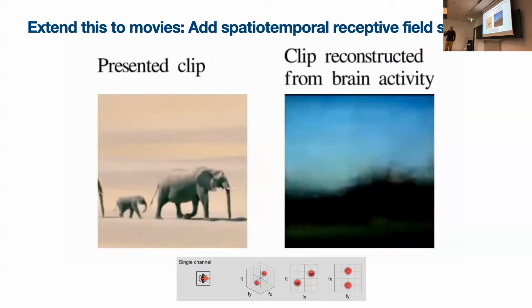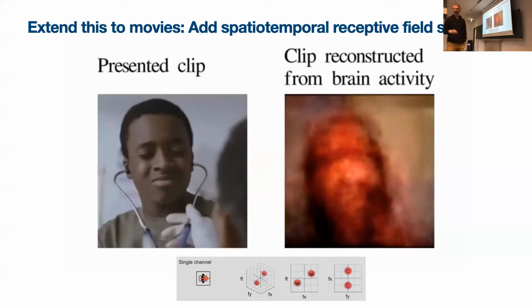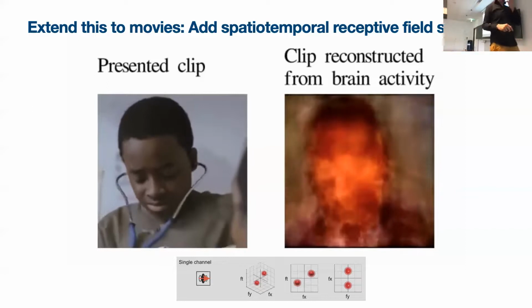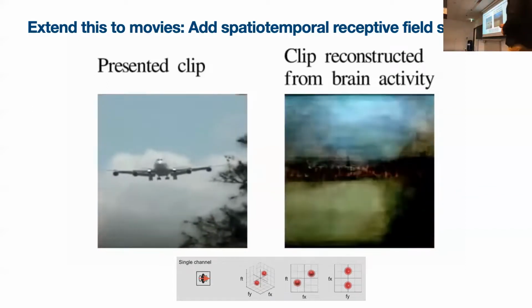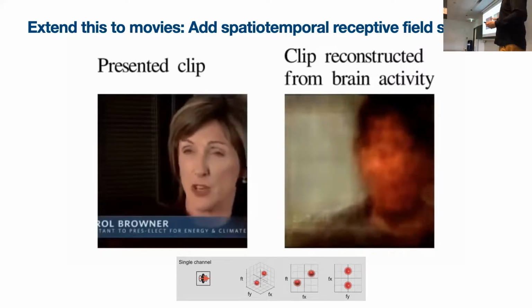Again, the detailed operations are a bit complicated and a bit beyond this course, but you see that you can actually pick up the pattern of what the visual stimulus was like from brain responses. And this example is now 11 years old.